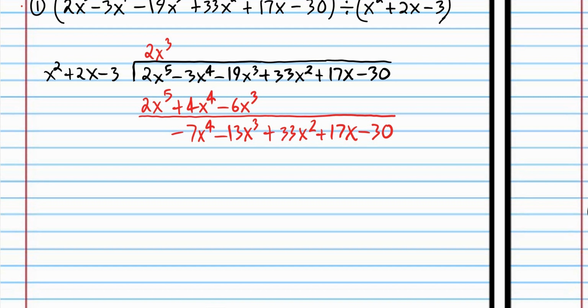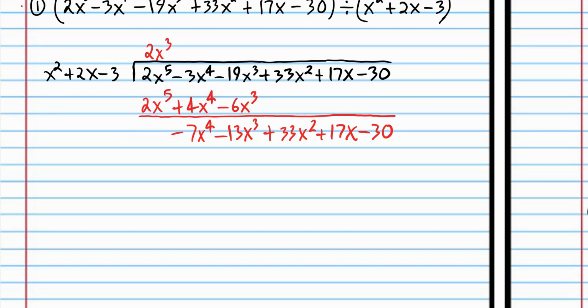Now, remember, long division is cycles, and each cycle has 3 steps. So we're now done with the first cycle. The first step was to figure out what number goes there. The second step was to multiply the divisor and that number. And the third step was to subtract down here.